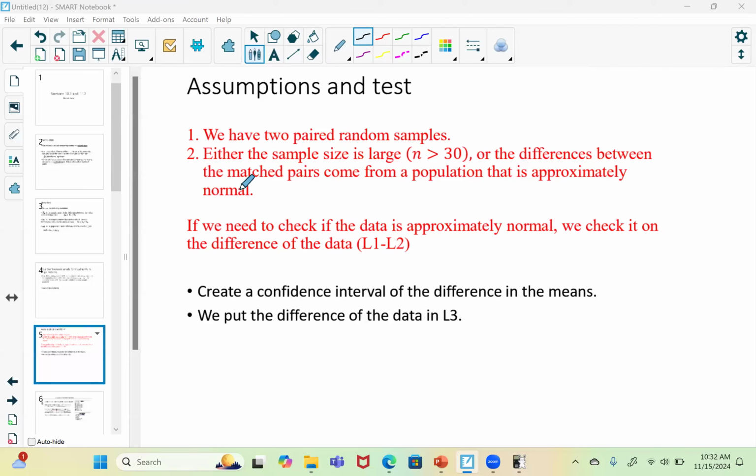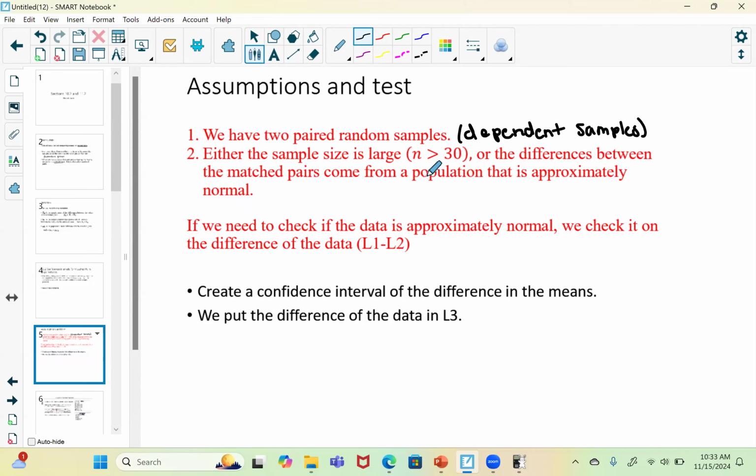The first condition is we use this method when we have two paired random samples. Again, when we have two dependent samples, there has to be a relationship, such as mother, daughter, spouses, siblings. Each data value in the first sample is paired with a data value in the second sample.